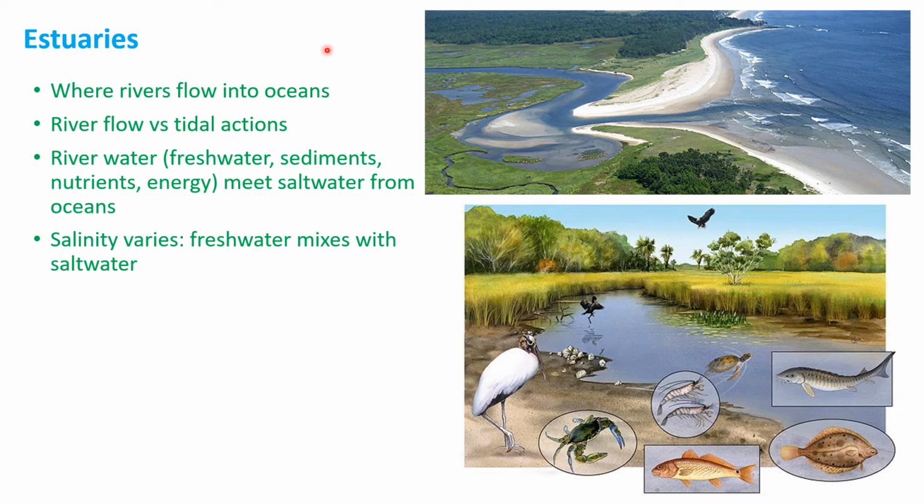Salinity in an estuary varies significantly, depending on the extent to which fresh water from the river mixes with the oceanic or salt water coming through tidal actions. The salinity variation could be observed in an estuary on a daily basis, a seasonal basis, and also an annual basis.